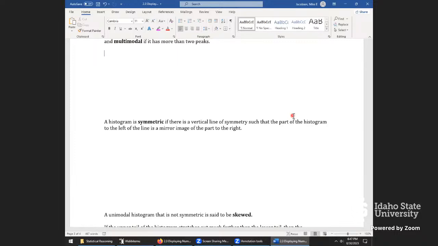Some values can fall to the left and to the right, like before. Some of these might overlap. So the children's cereal could be around the same amount as the adult cereal. It could even go uncomfortably close to the adult cereal. But this is now the picture of a bimodal display.